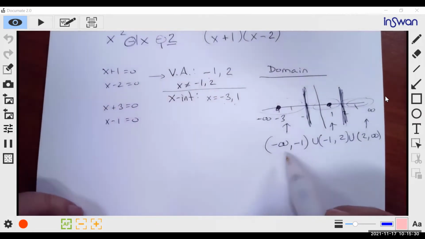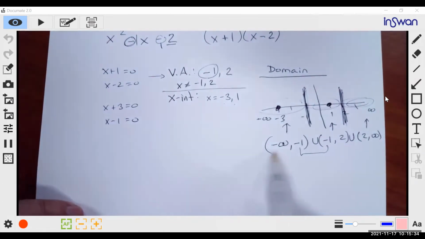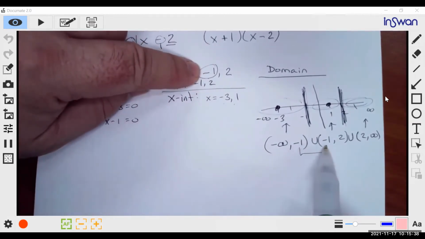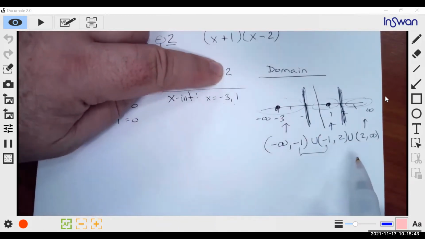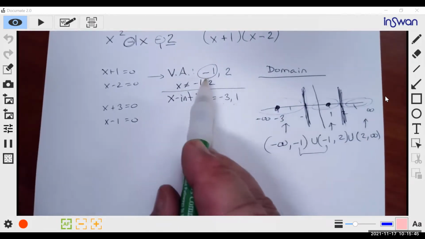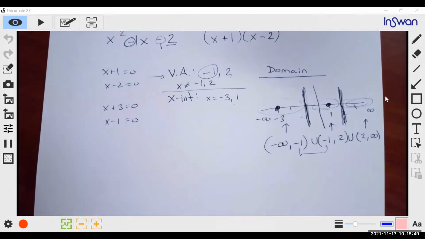Notice, if you haven't seen this yet, how it stops at that vertical asymptote and starts from it. Stops at that one and starts from it. So if we have 2 vertical asymptotes, we'll have 3 domains, 3 segments.